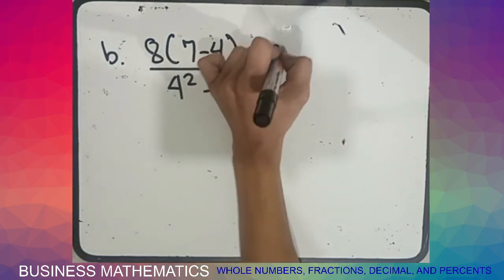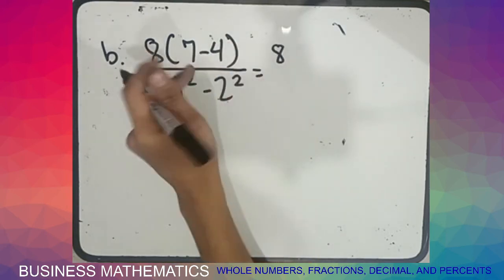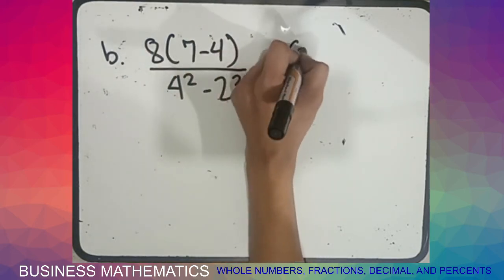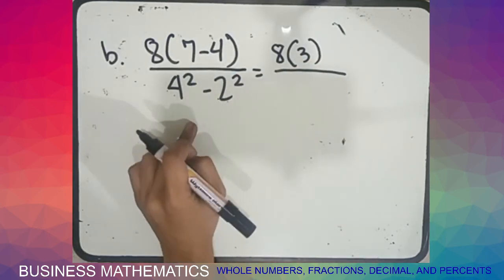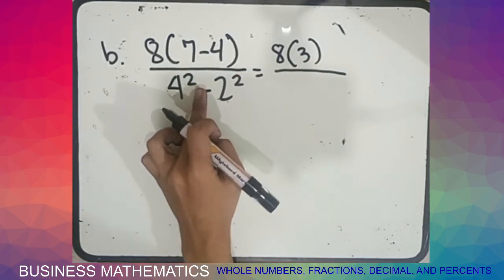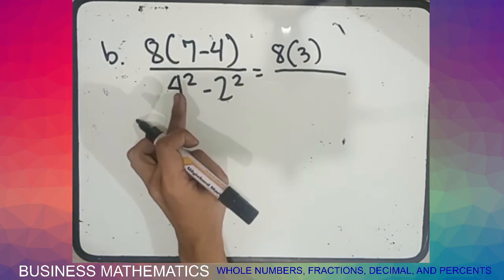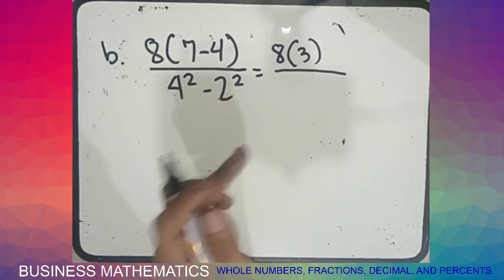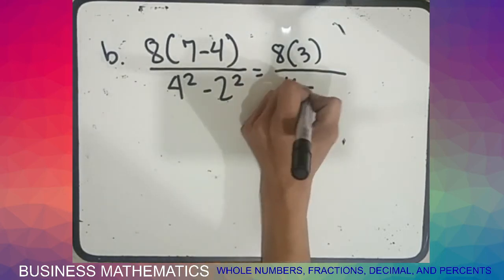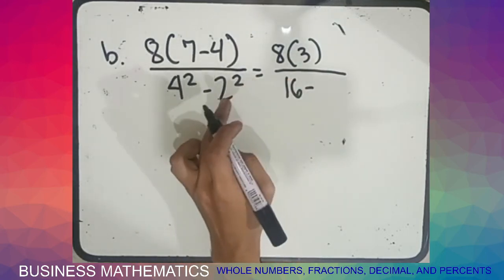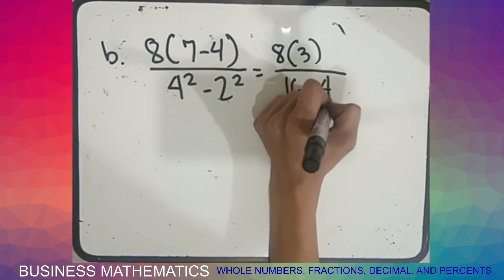So, 8, 7 minus 4 is 3. Okay, next. Ang sunod daw natin gagawin yung may exponent. So, 4 squared. Pag transfer natin siya as expanded form, magiging 4 times 4. So, 4 times 4 is 16. Then, next, minus 2 squared is 4.